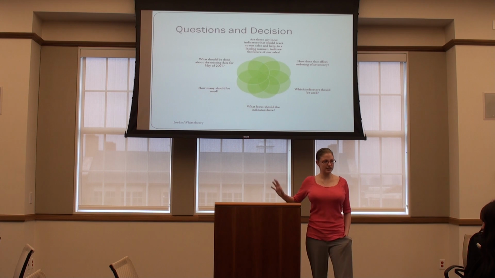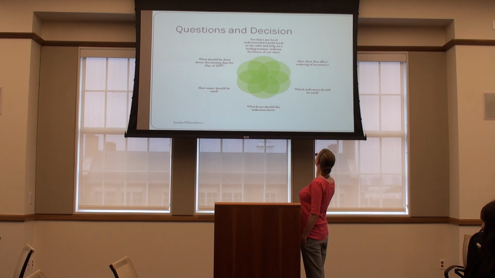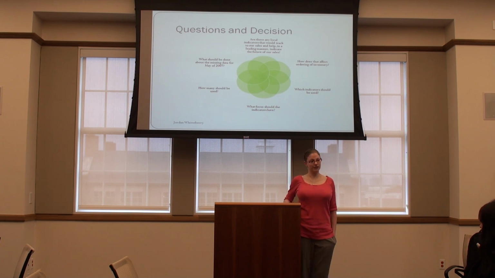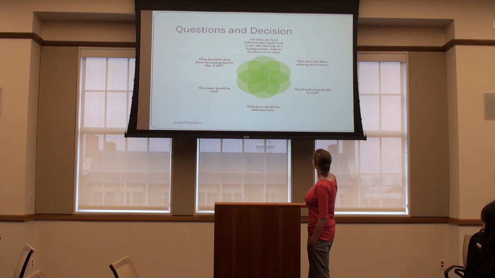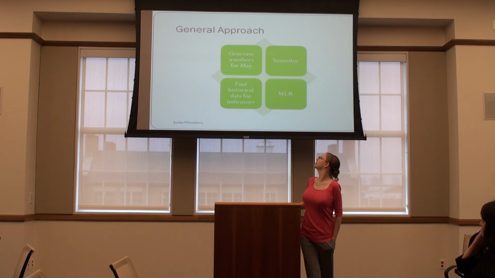I looked at various things, and I'm going to talk about that later, but there are things to look at. How does that affect ordering of inventory? Obviously, I put that out there a couple moments ago. If they know how much they're going to sell, they then know how much they need to order. And so which indicators should be used, what focus should the indicators have, and how many should be used? We'll go through that in a minute.